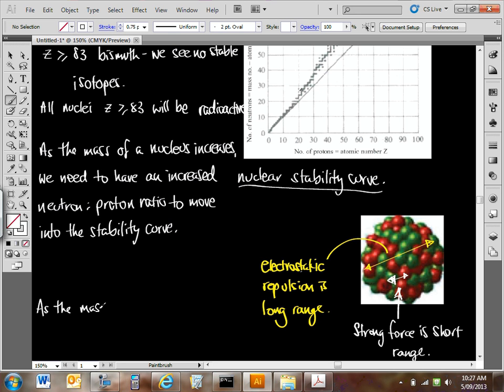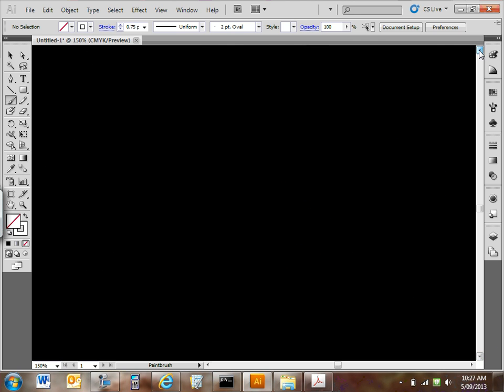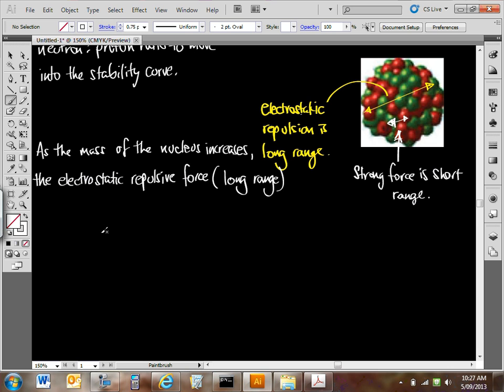As the mass of the nucleus increases, the electrostatic repulsive force, which is a long-range force, takes over, for lack of a better phrase.